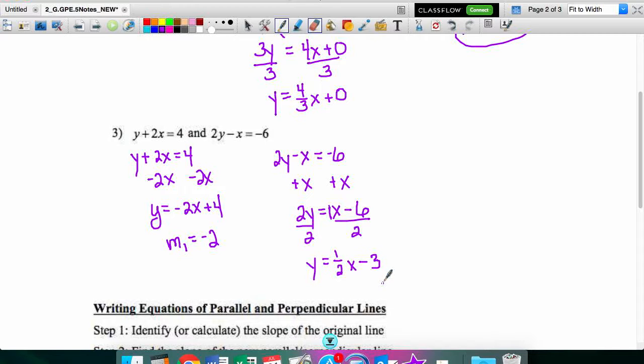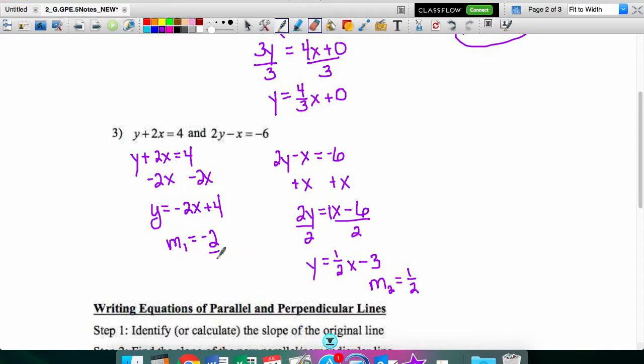So here is my second equation in its slope-intercept form. Its slope looks like it's 1/2. So are these parallel? Clearly not the same. But are they flipped, opposite reciprocals? Well, it doesn't necessarily look like 2 is the flipped version of 1/2.